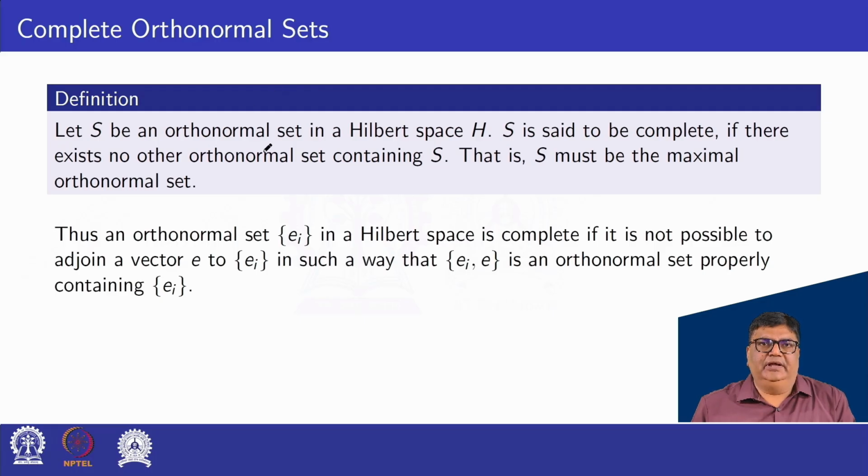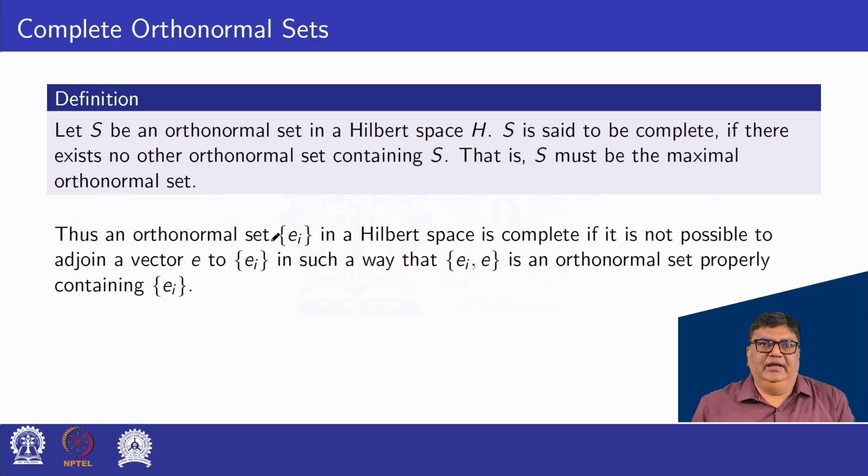Let S be an orthonormal set in a Hilbert space H. S is said to be complete if there exists no other orthonormal set containing S. That is, S must be the maximal orthonormal set.